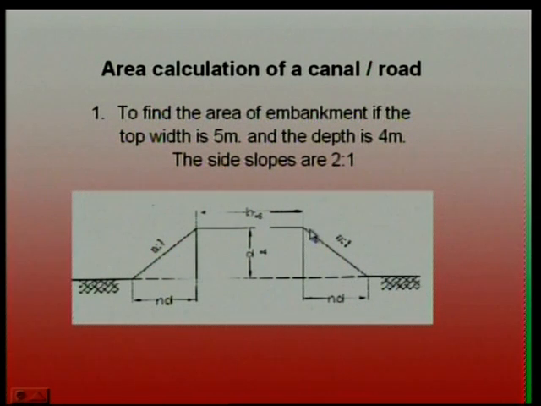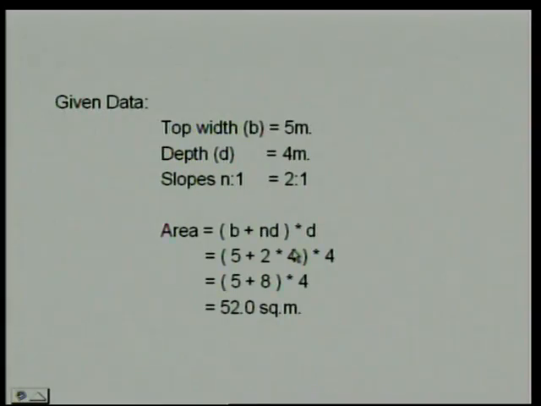So, how to compute the area of this embankment, road in embankment? Let us see now. Just now we have discussed that the top width is given as 5 meters, the depth of the embankment from the ground level is 4 meters, and side slopes n:1 are given as 2:1.